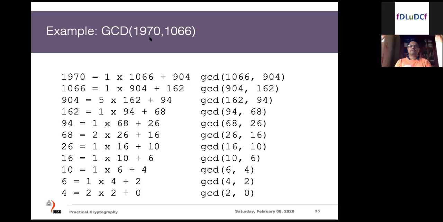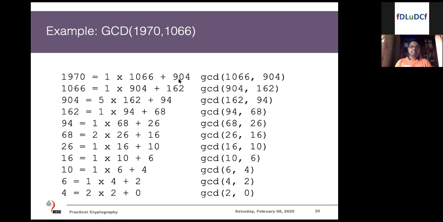Let's say we want to calculate the greatest common divisor of 1970 and 1066. We can write 1970 equals 1 multiplied by 1066 plus 904. This is the remainder part.